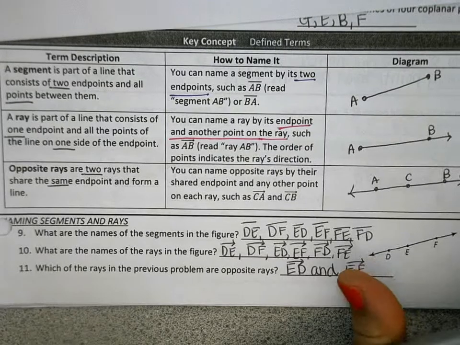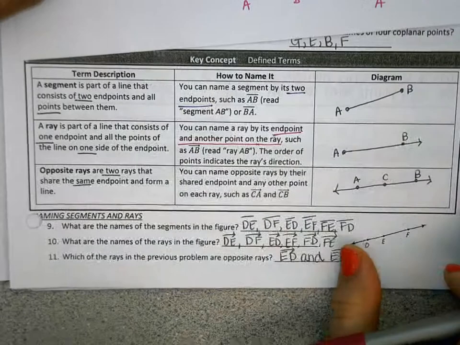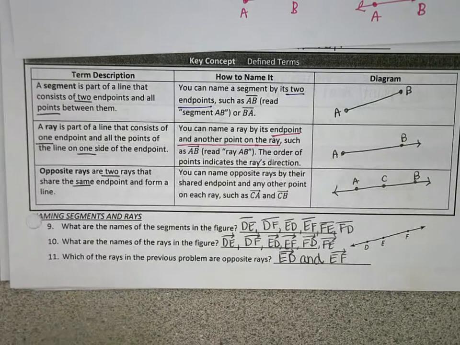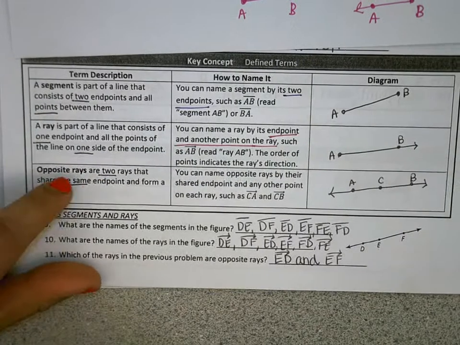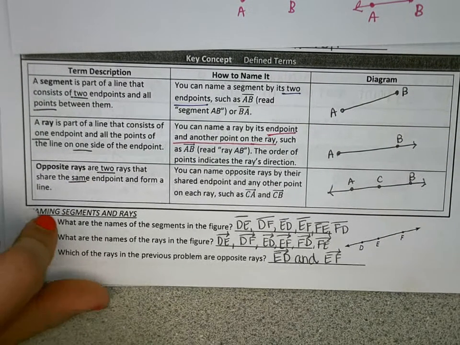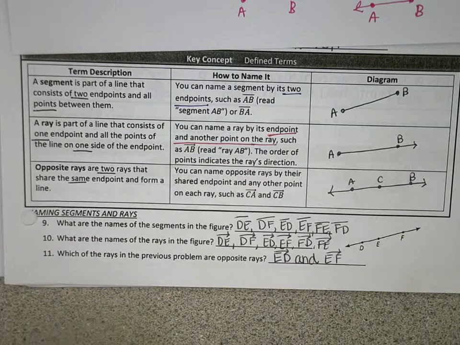So because we have rays, we also have what are called opposite rays, which is pretty self-explanatory. Opposite rays are two rays that share the same endpoint and form a line. So it's a line, but we break it up into rays.